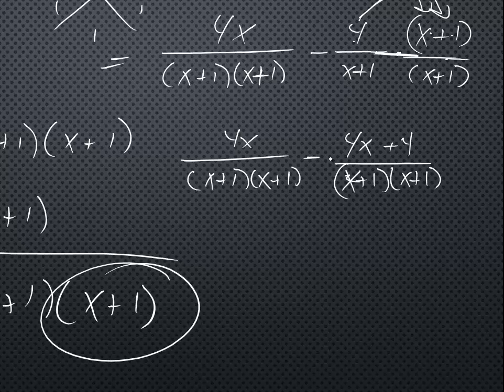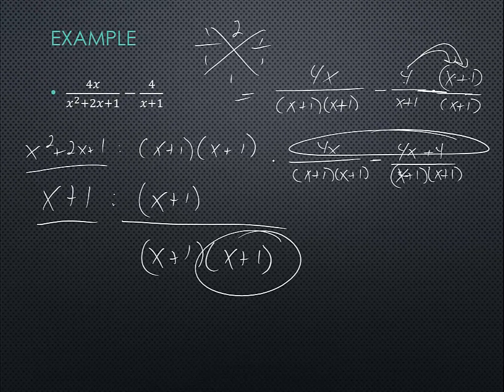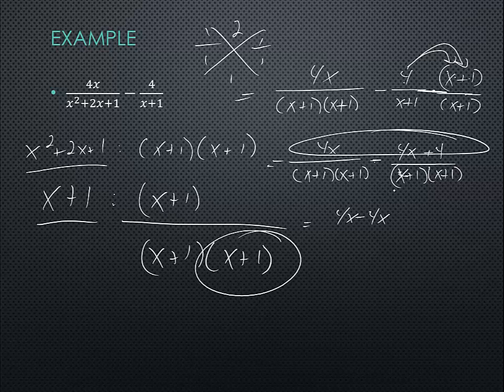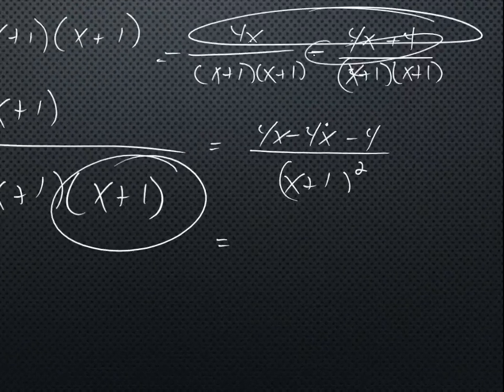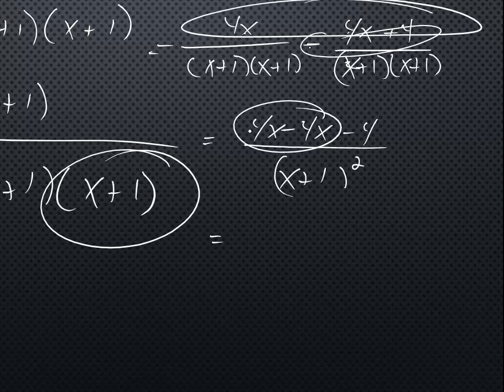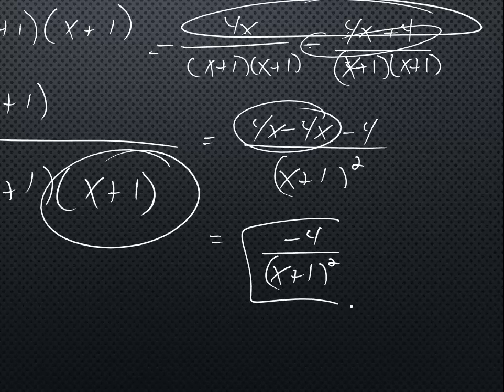And now we're going to add across the numerator since our denominators are equal. So then you would get 4x minus 4x and then minus 4 over your LCD, which is just going to be x plus 1 squared. Now we're going to combine like terms. So 4x minus 4x is just going to be 0. So our answer would just be negative 4 over x plus 1 squared.